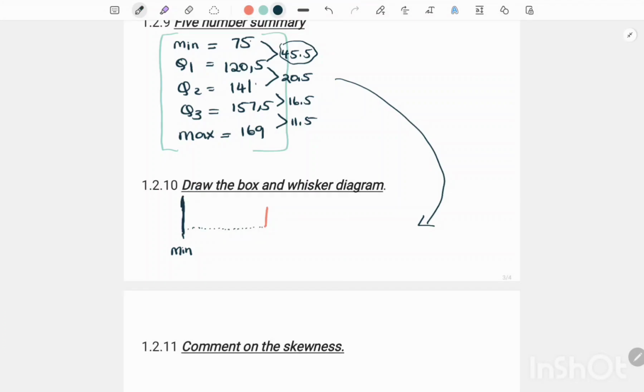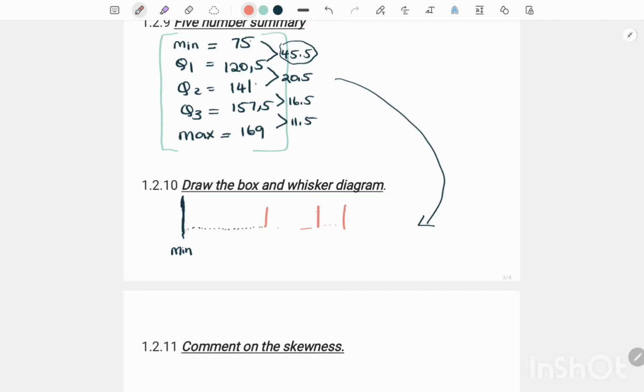It must be longer. Then you again check, or 20.5. This was 45, so 20.5 somewhere there. This is your Q2. Then 16 must be a smaller distance, so I'll just say this is 16.5. Yeah, this one is bigger. 16.5. Let me just take it near. Yeah, 16.5 would be somewhere there.